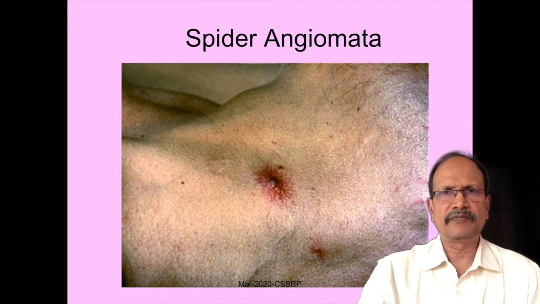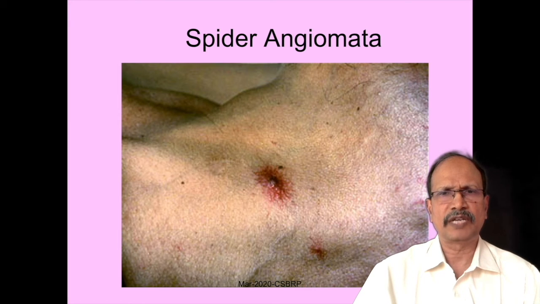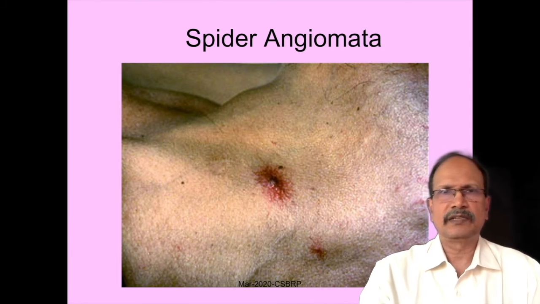And because of cirrhosis, if the portal hypertension is due to cirrhosis, the patient may have increased estrogen levels, which manifests in the form of engorged capillary channels with a central dilated main capillary. This is called spider angiomas, which are more commonly seen in the upper half of the body.